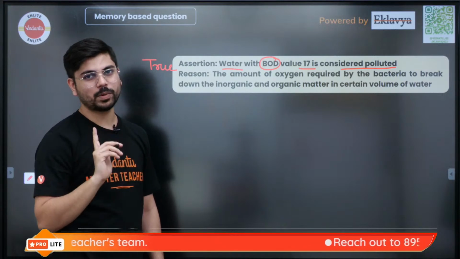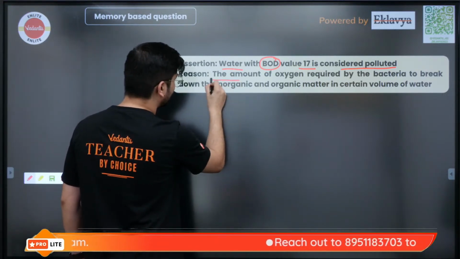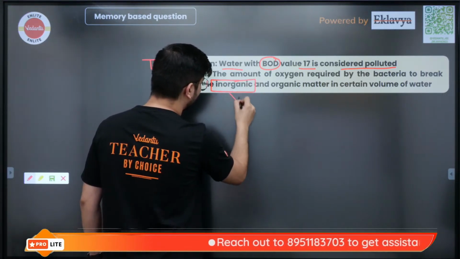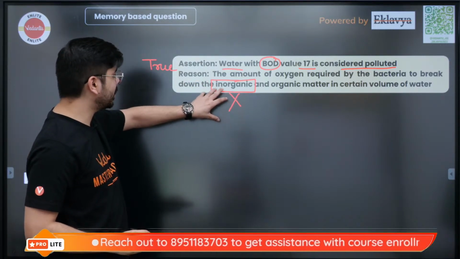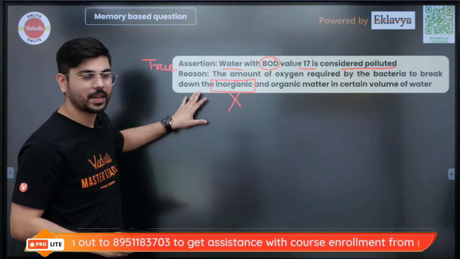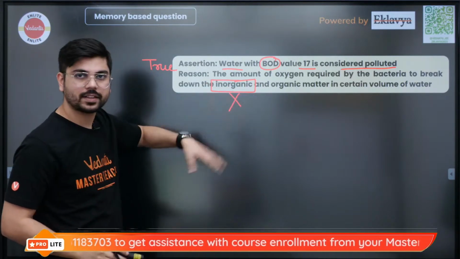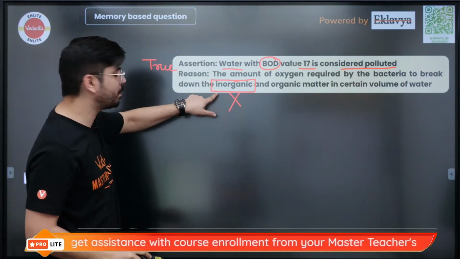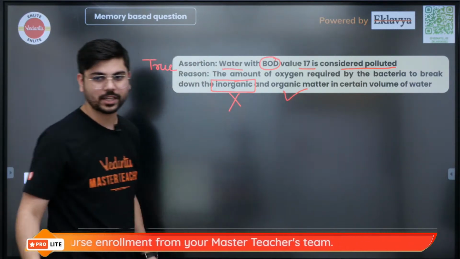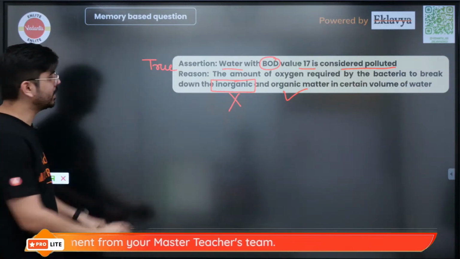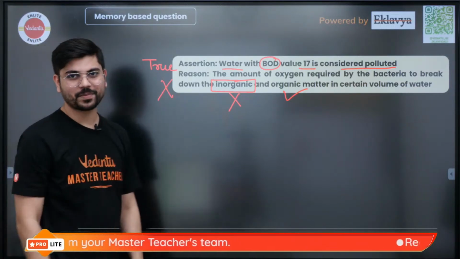Now this is a problem here. Okay, see, you have to be very careful here, because the bacteria that are present in the water bodies, they do not break the inorganic substances. They just break the organic substance. Means the reason is absolutely wrong.